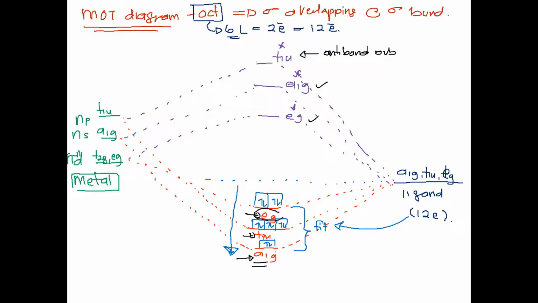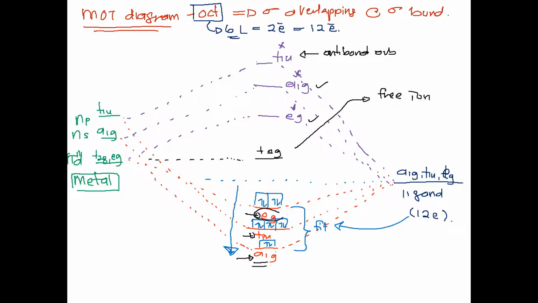Okay, whereas there will be one more orbital, which is here, same level as the metal. So it will be the T2G. The energy level will be the same as the metal. So why is it drawn like that? Because we say that it is a free ion.